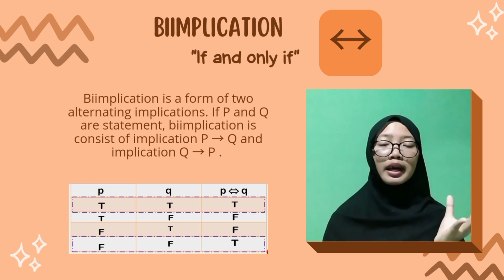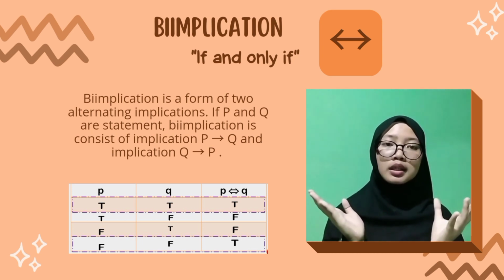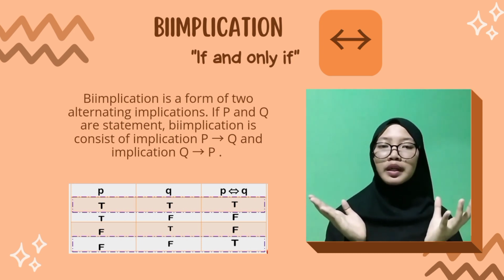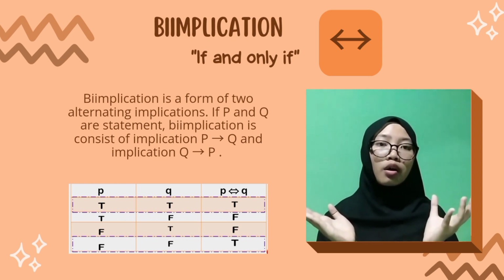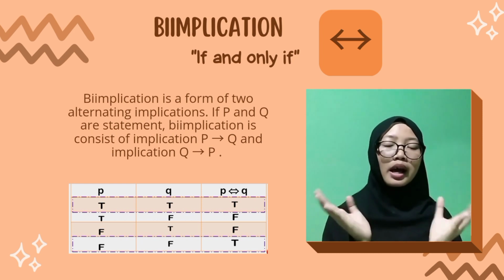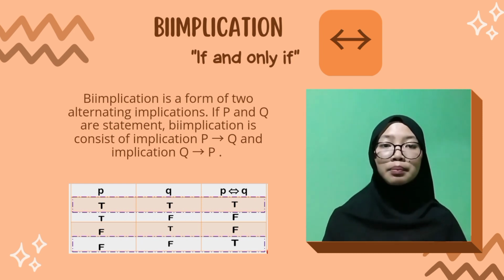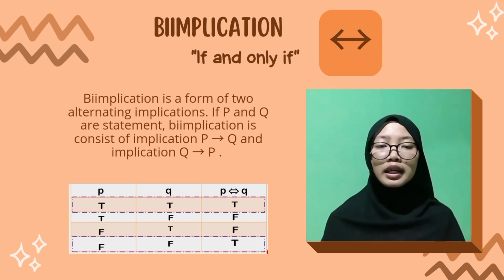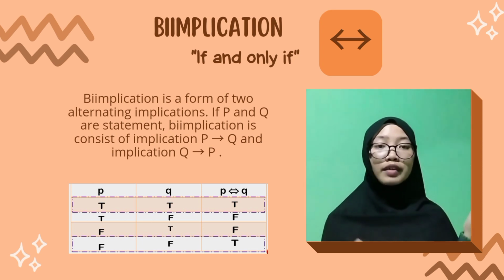If P and Q are statements, the biimplication is the implication of if P then Q, and the implication of if Q then P. That's why the symbol of biimplication is an arrow to the left and to the right.